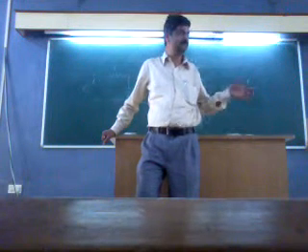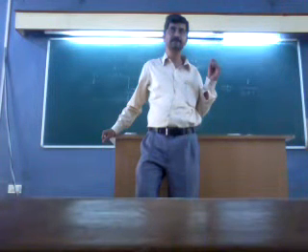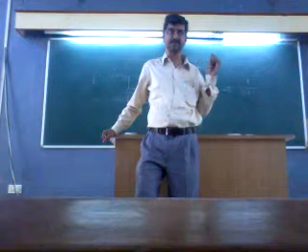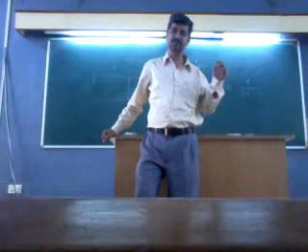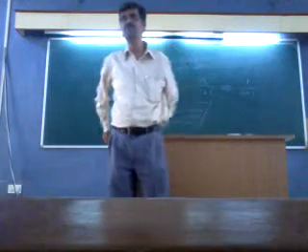Is there any way by which the output will reach infinity? s equal to minus 1 means V in t is e raised to minus t, that's all. So what is happening now?